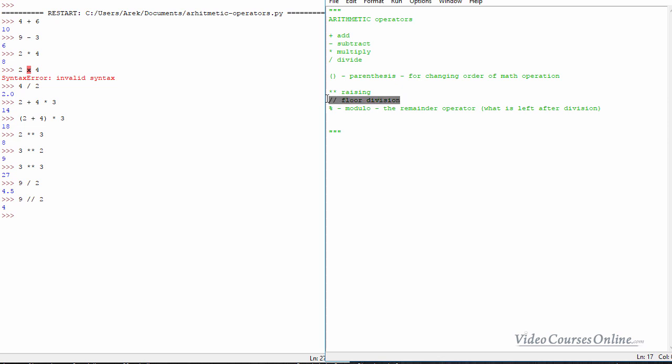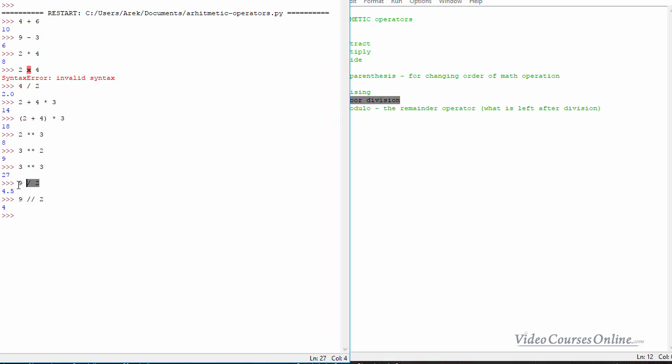Let's talk now about the floor division. When you use the single slash, so the typical division, when you divide 9 by 2, as the result you're gonna get 4.5, so the float number. But when you use the floor division, you will always get the number that is on the left. So even if you did something like 13 divided by 9, as you can see, the result is gonna be 1.